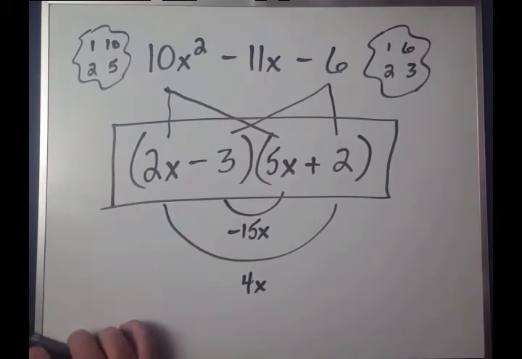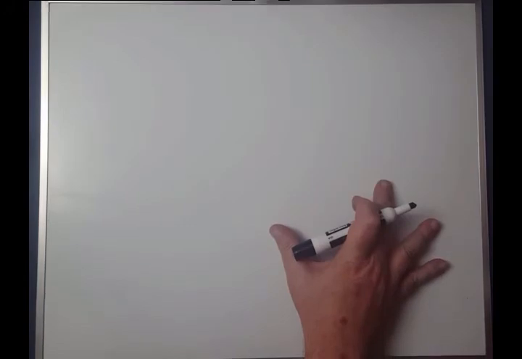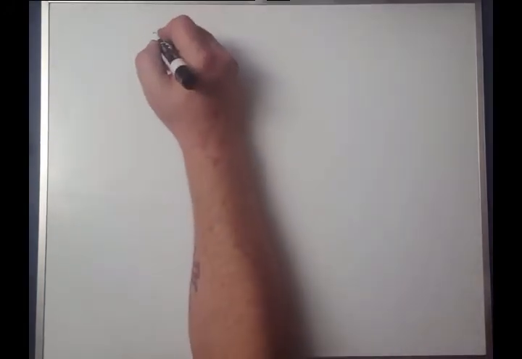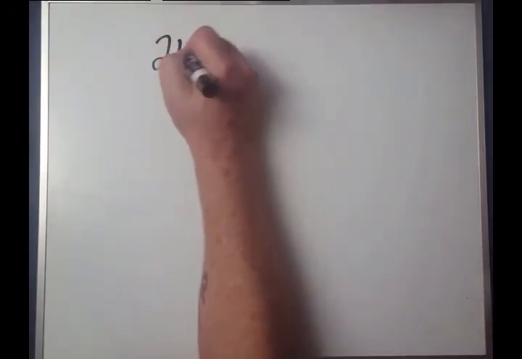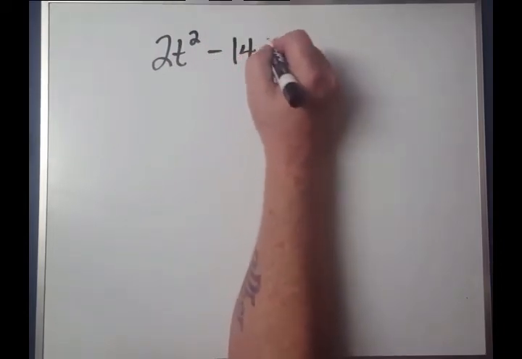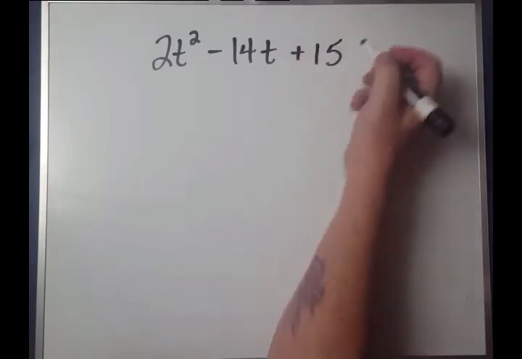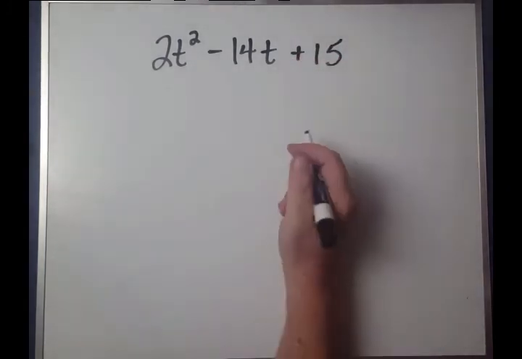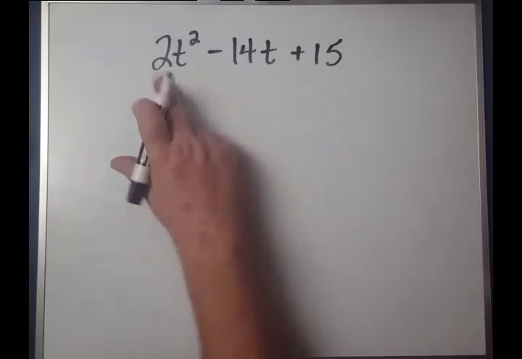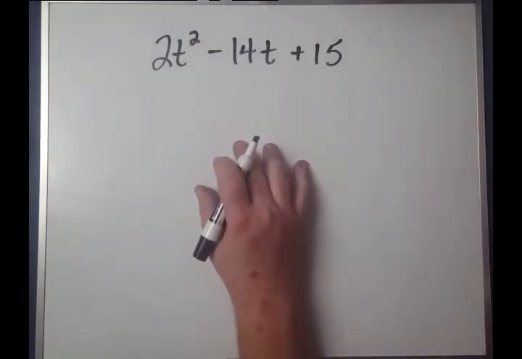All right, how about number 38? There's no greatest common factor to factor out. 2 is prime. 2 is not a factor of 15, so there's nothing to factor out as far as the greatest common factor.